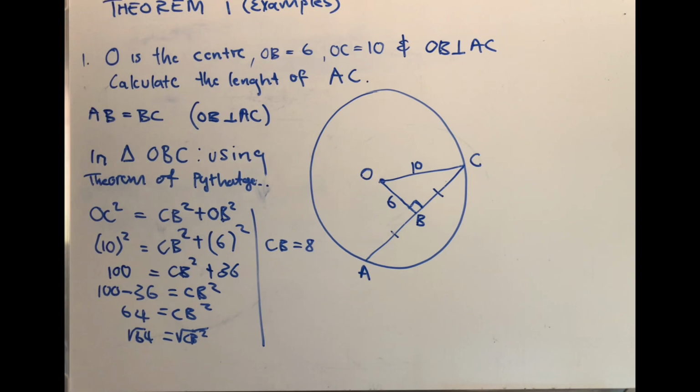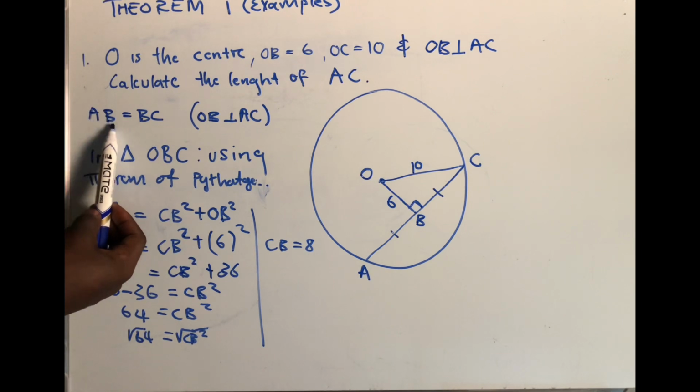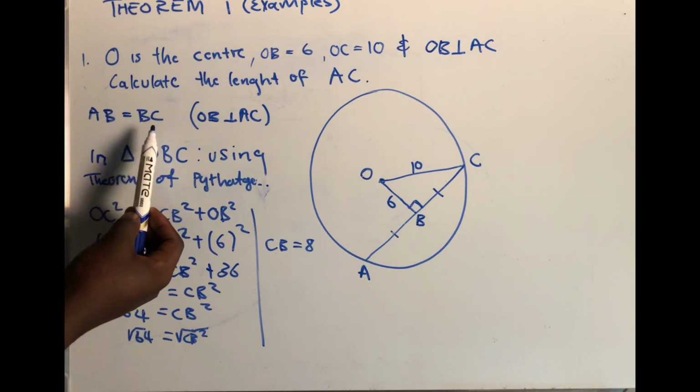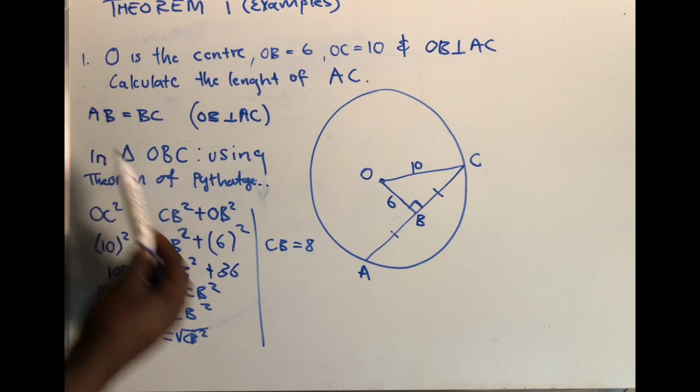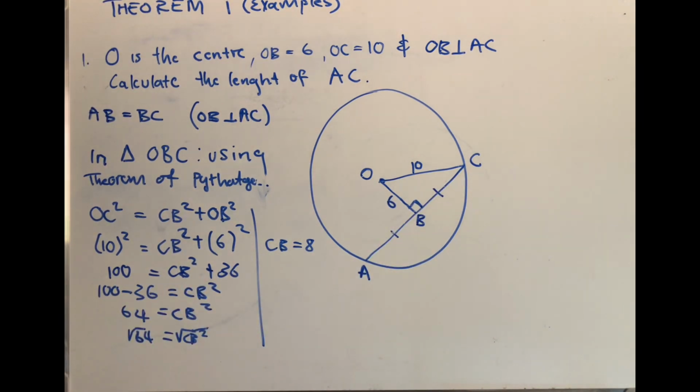But remember, they asked for the length of who? The length of AC. We have the length of BC. But here we said AB is equal to BC. You see, we said these two are equal.